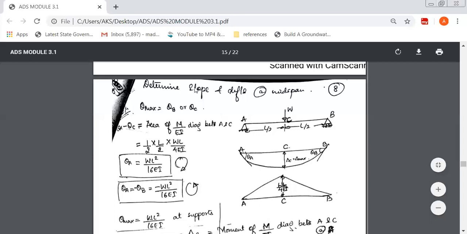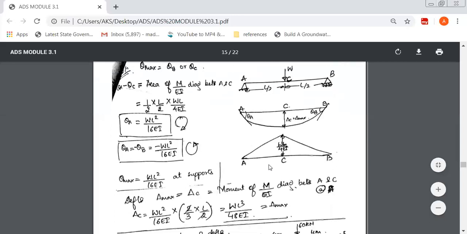Okay. Now, determine the slope and deflection at the midspan. First, as usual, draw the deflected shape of the beam. Next, the bending moment diagram, followed by the M over EI diagram. This is the bending moment diagram. We know that the bending moment at the support is 0, and at the center below the load it is maximum.